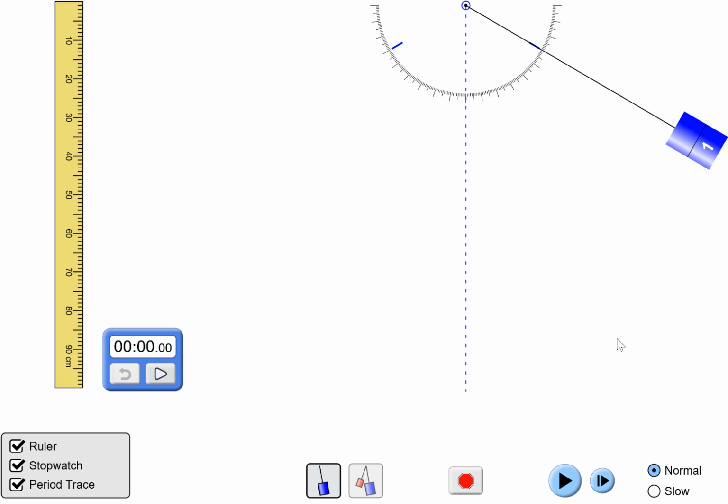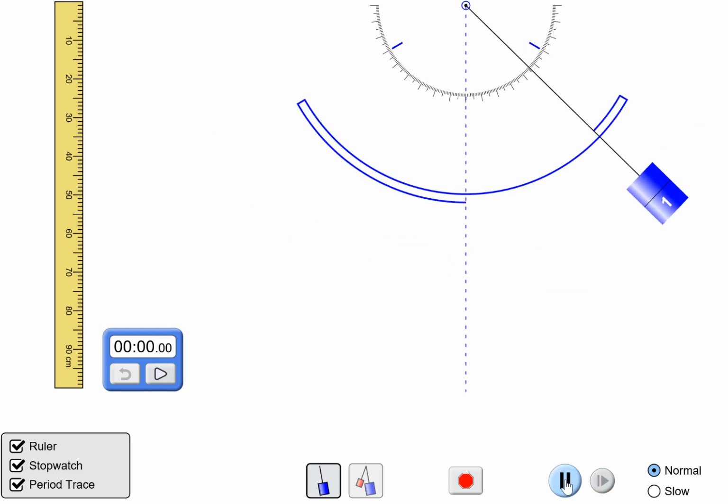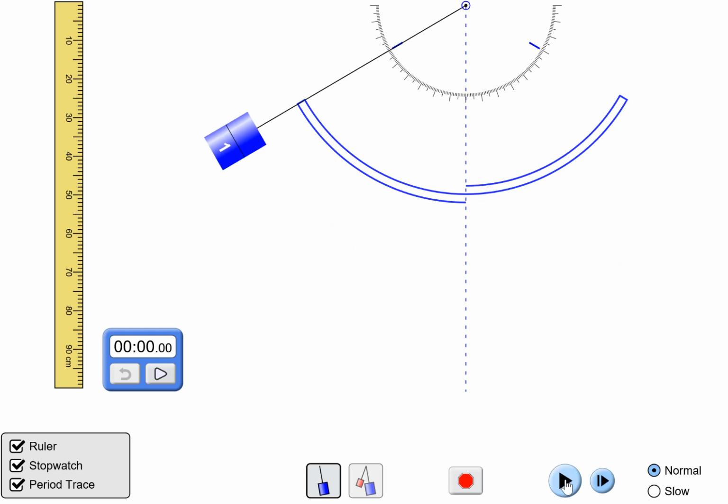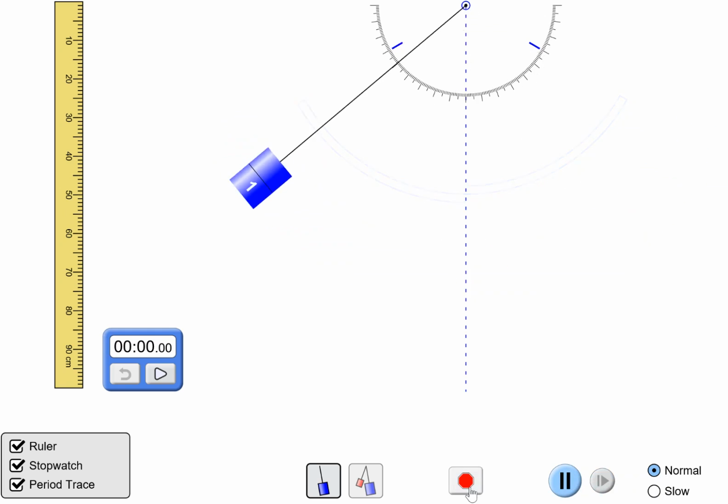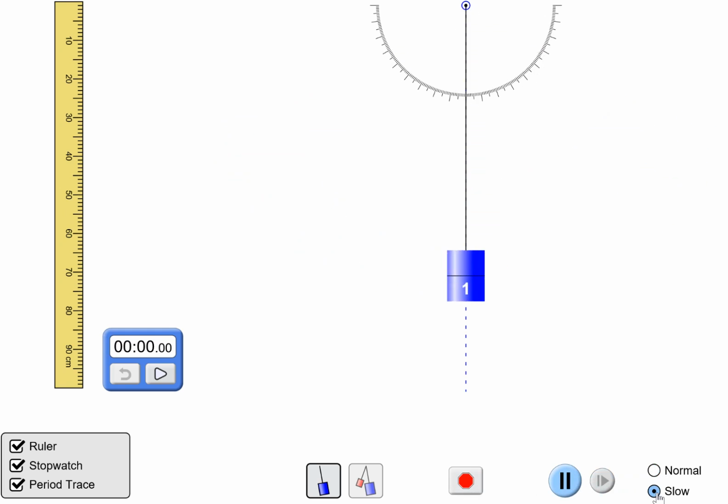I'm leaving this, it'll start oscillating, and see how fast it oscillates. Now going to the slow oscillation, because we are beginning, we need to go slow, then later on we can put the mode to normal.